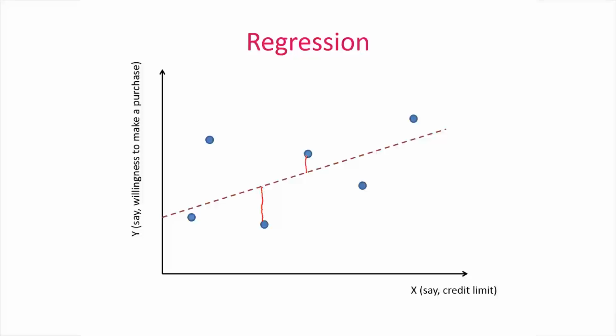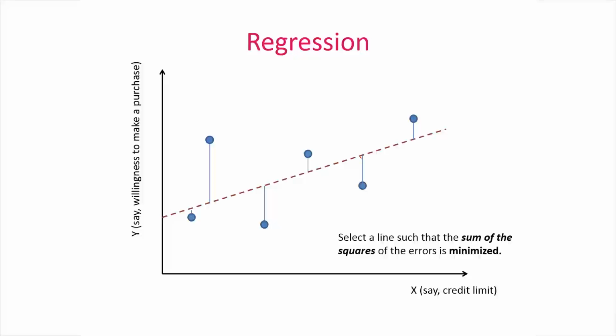And let's call this deviation an error. Okay, so for each one of them, there is an error. We can take all these errors, we can square them, and we can add them up. And the best line is the one where the sum of these squares is the minimum.